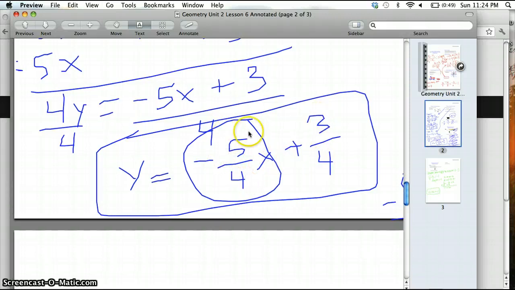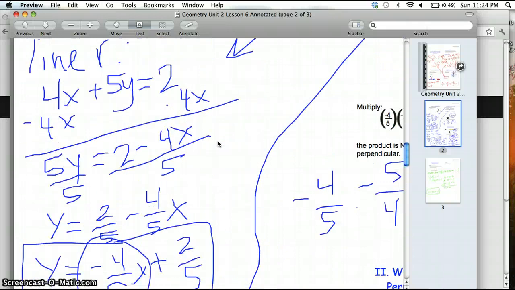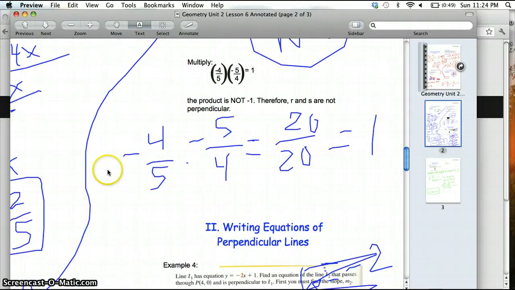So my slope for line S is -5/4, and my slope for line R was -4/5. So we're going to multiply them together. -4/5 times -5/4 is 20 over 20, which is 1. Therefore, the product is not -1. Therefore, R and S are not perpendicular.